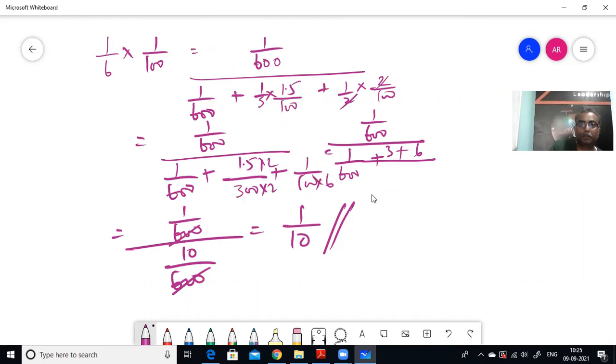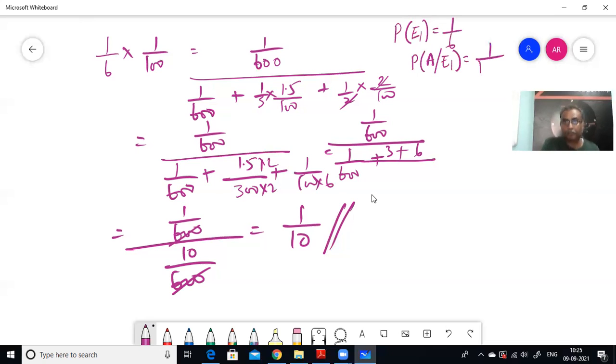1 by 6 is P of machine 1. Okay, 6. But why into 100? That is P of getting a defective one. 1%, so 1% means 1 by 100.